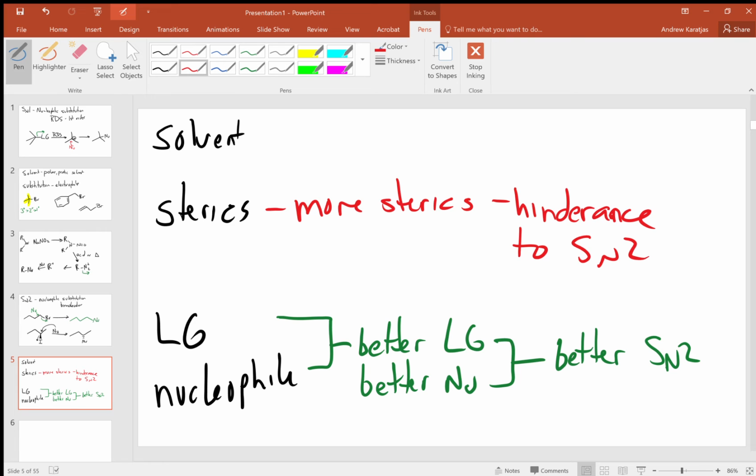And so the more substituents you have around that electrophilic carbon, and the bigger those substituents are, the more they can block that nucleophile from getting in there. So in general, SN2 reactions work great for primary leaving groups. They work sometimes for secondary leaving groups, and almost never for tertiary leaving groups.